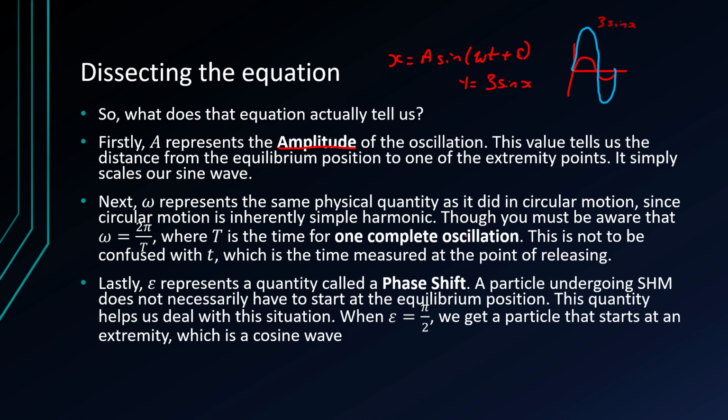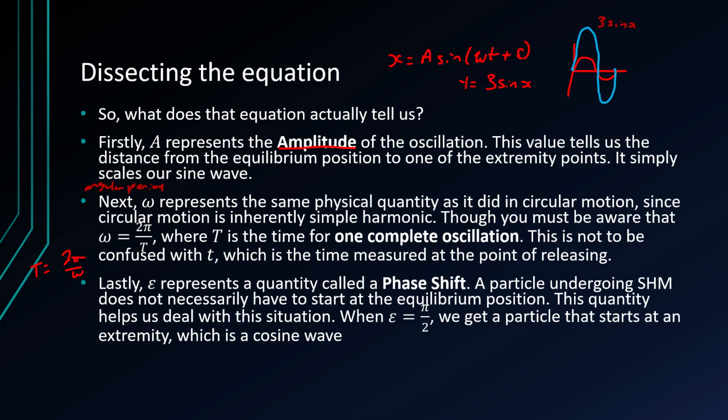Next, omega is similar in a way to the omega you met in circular motion. However, it's slightly different in that it's known as the angular period. It's a bit weird that omega represents two very similar things. However, the relationship of omega is 2 pi over T, or T is 2 pi over omega.